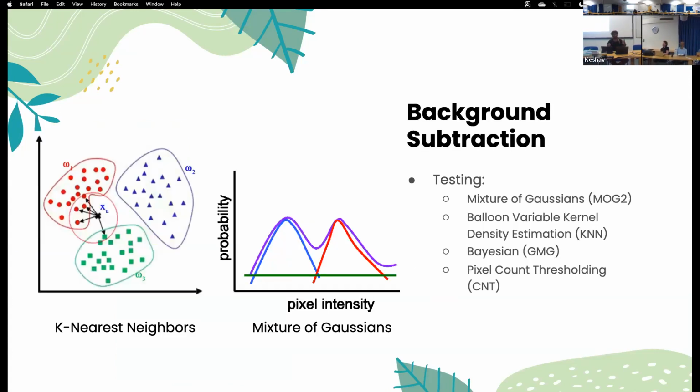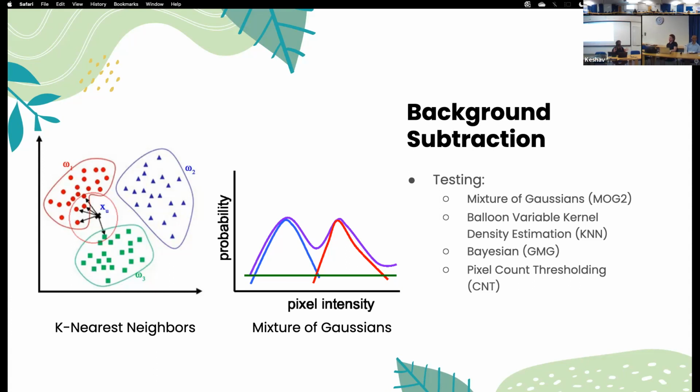For the purpose of this task, with the regularized video, we can use a couple of common background models. For this project, I checked for common and fast ones held in the OpenCV library, namely the mixture of Gaussians, balloon variable kernel density estimation, a Bayesian-like model that's referred to primarily as a GMG, named after the people who published it, and a pixel count thresholding model.